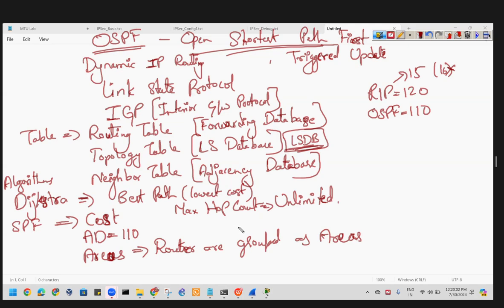And one more important thing, it is open standard. What is open standard? It can work on any vendor router, regardless of Cisco, Juniper, Avaya, any router.